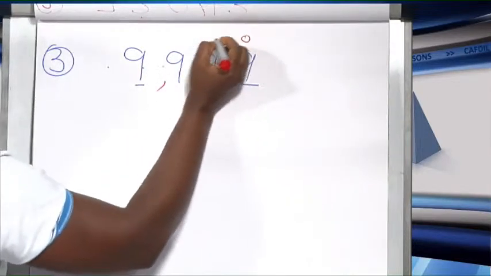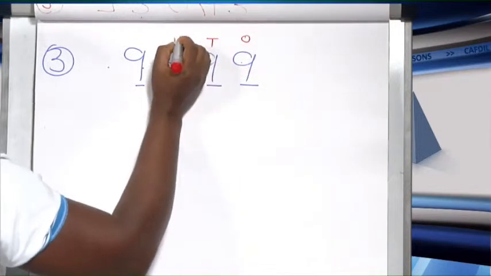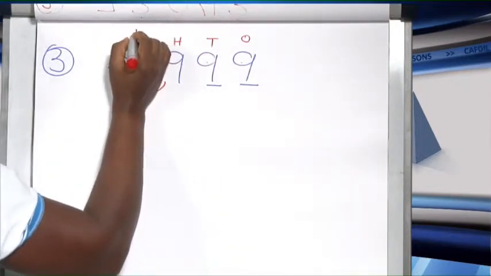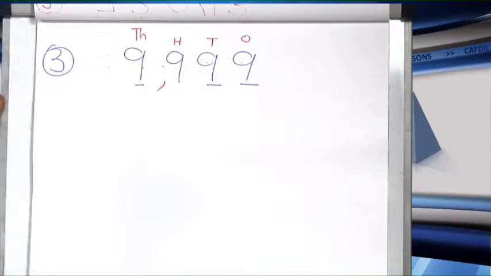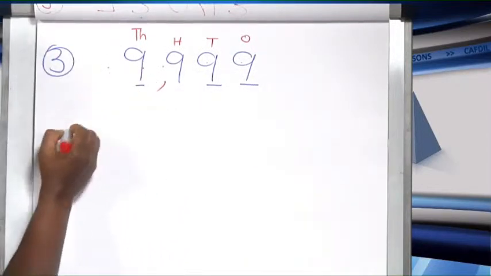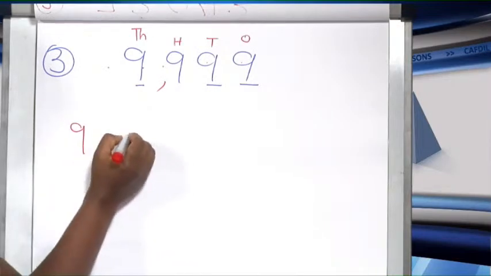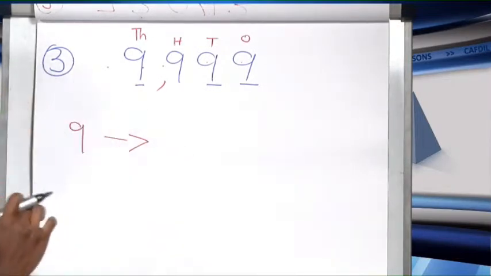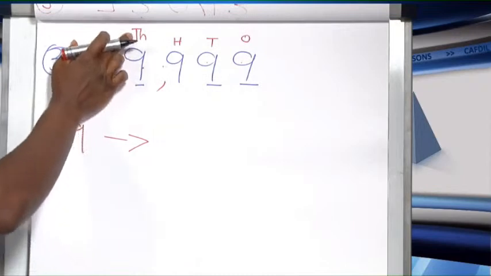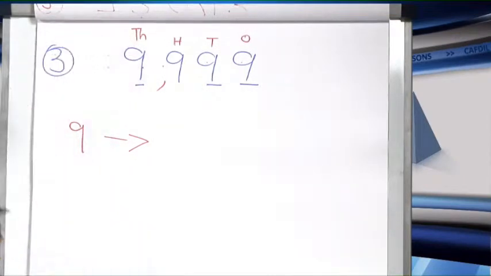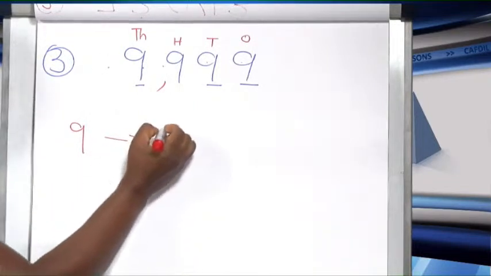So we have ones, tens, hundreds, and then thousands. The value of this 9. First of all, let's look at the place. The place is thousands. So 9 of the thousands will give us 9,000.